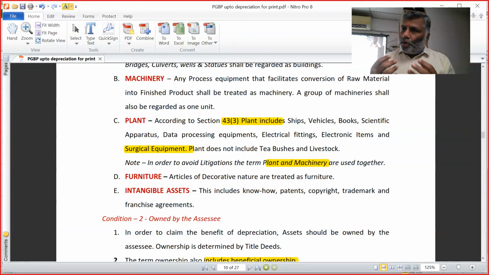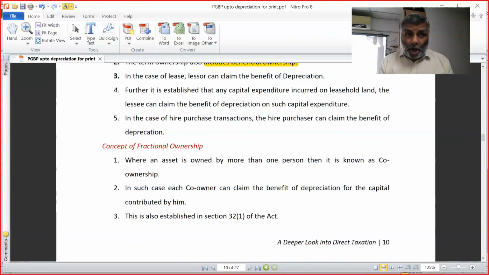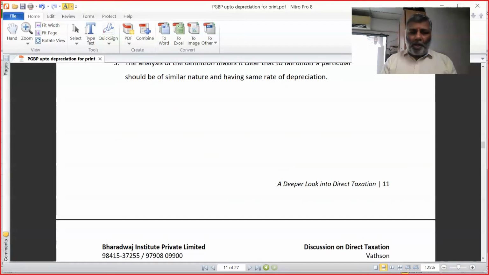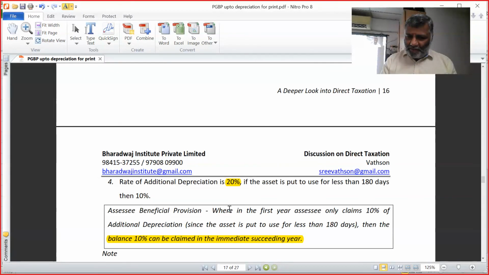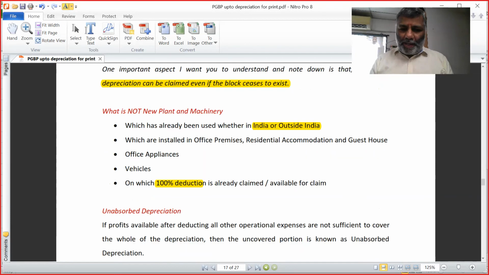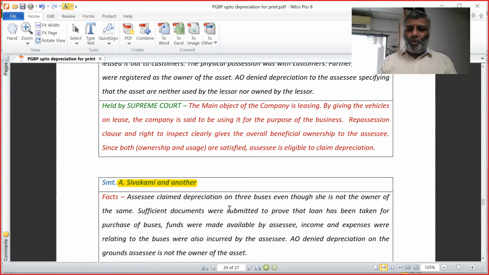So the court took a favorable stand saying, okay, goodwill, even though it is not mentioned directly, but business or commercial right can enjoy goodwill, but that is gone now. The finance minister has clarified, law has been amended to specifically say goodwill is not a specified asset at all, which means goodwill depreciation cannot be claimed. That's why I say those two case laws are overruled.